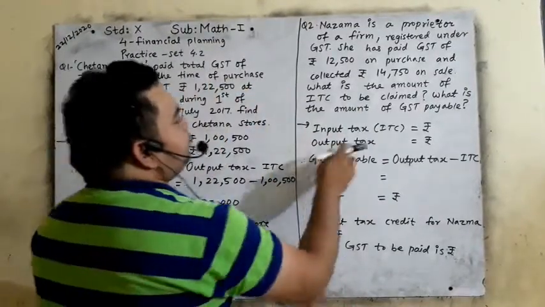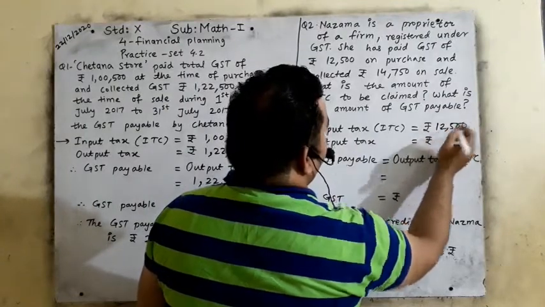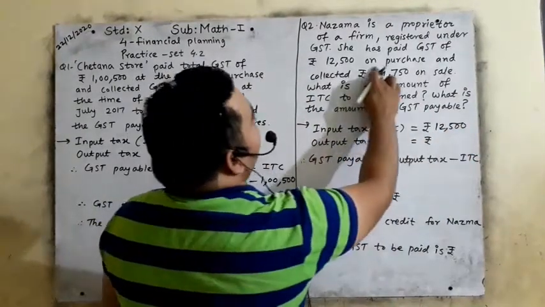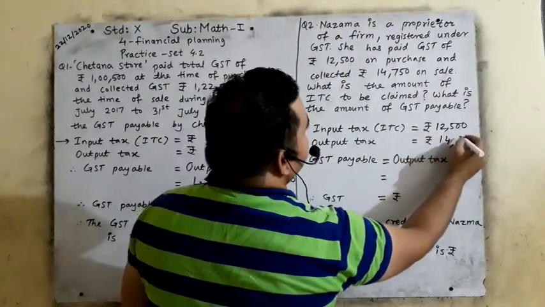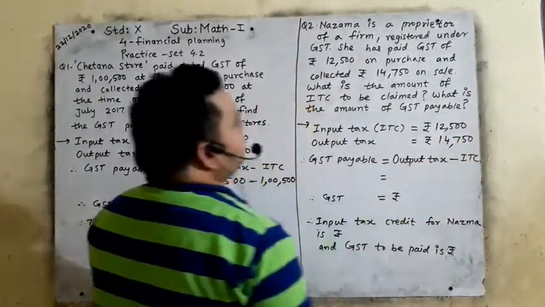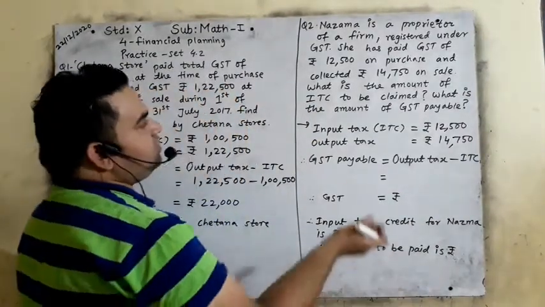So see, input tax ITC will be 12,500, right? And output tax on sale, collected rupees 14,750. 14,750 she will collect at the time of sale, on the sale.